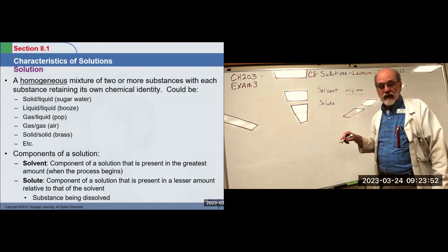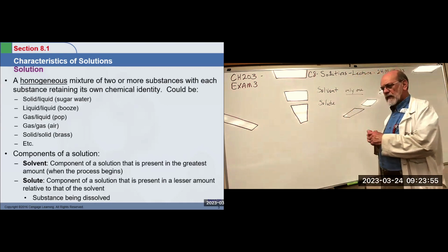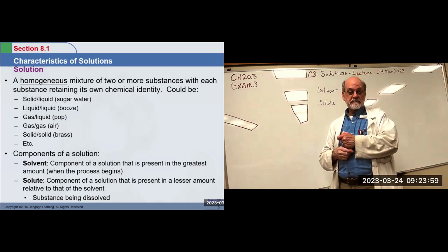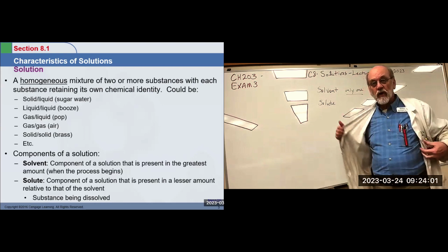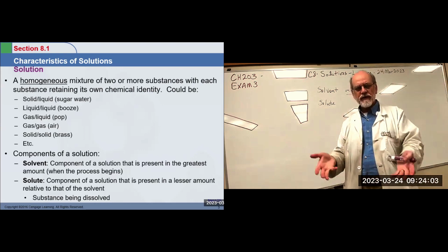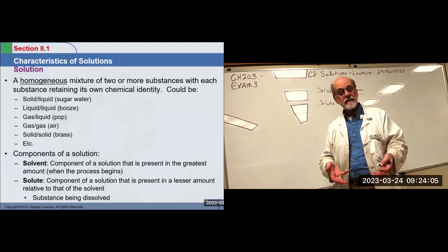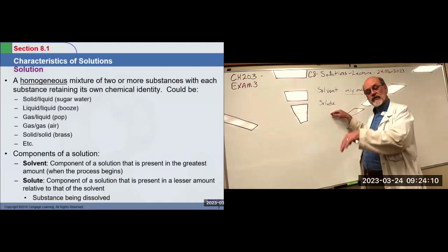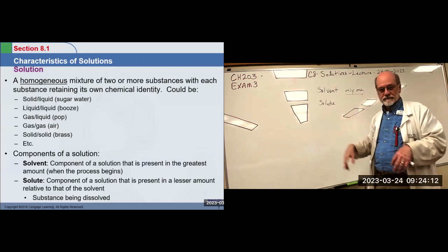Those are the minor components. So if I want to make sugar water for my hummingbirds, I'll boil water, because sugar goes into solution faster if the water is hot. The water then is the solvent. And the sugar that I add to it is the solute.